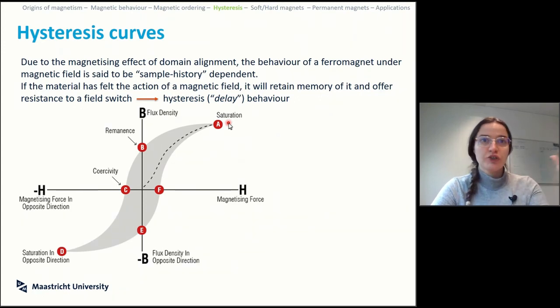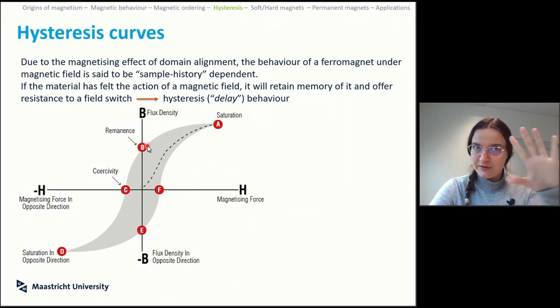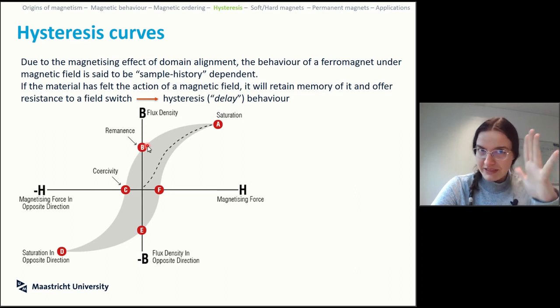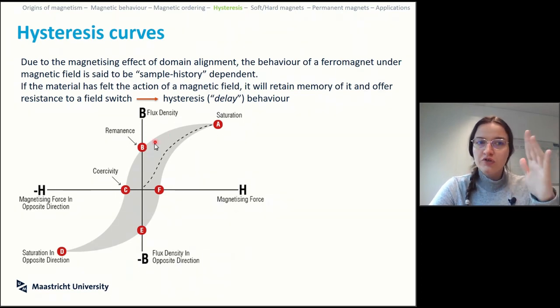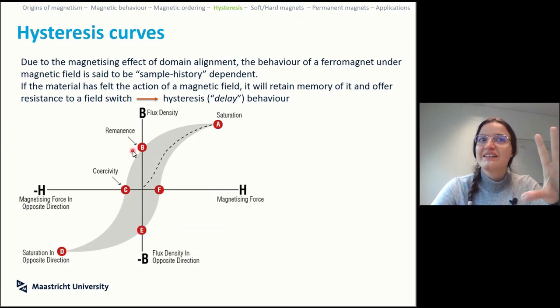Now let's say that you switch off the field, just reduce it. Your material preserves this magnetic memory, because now that all the domains are aligned, they want to stay aligned, and it goes to a remanent magnetization inside, so a flux density inside that is way different from zero.